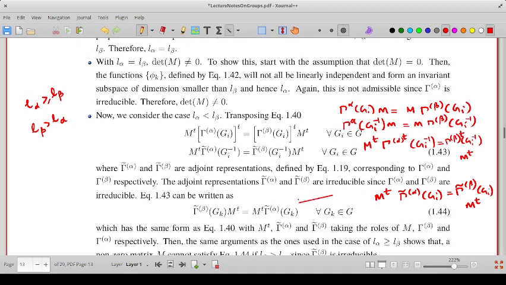And this is exactly what we got here. So gamma tilde beta gk m transpose is equal to m transpose gamma tilde alpha gk for all gk's or all elements gk of the group G.